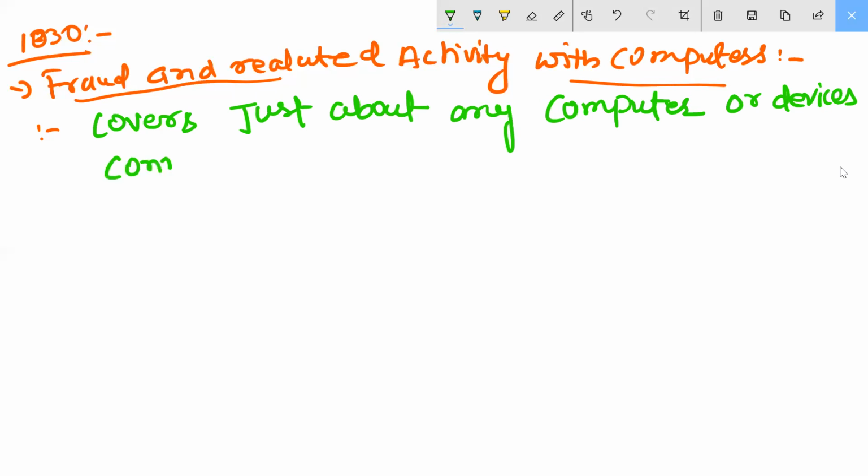Are you getting this difference? Connected. Try to understand. Concentrate here. Connected to a network.